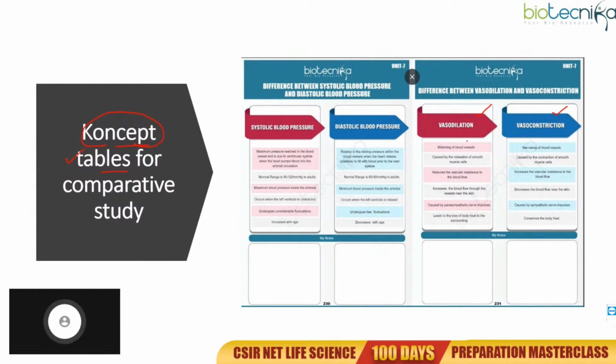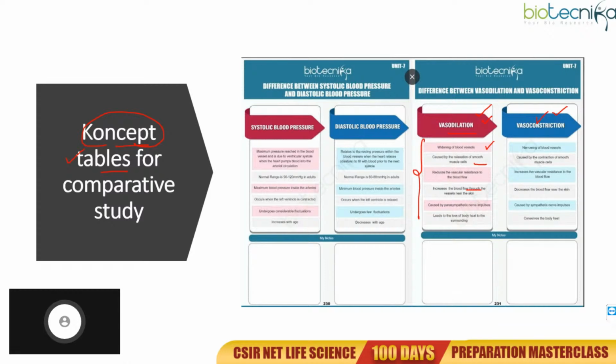They are very engaging for a difficult topic. We know what vasodilation is, but we don't know the details of it. It is the widening of blood vessels, caused by relaxation. So how and why it is caused, and what is the difference between vasodilation and vasoconstriction?